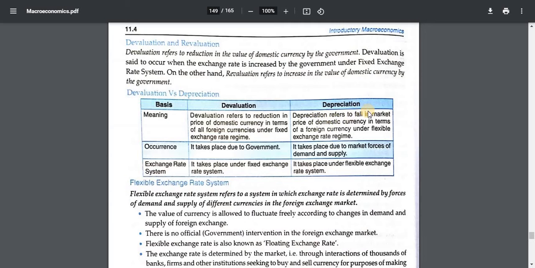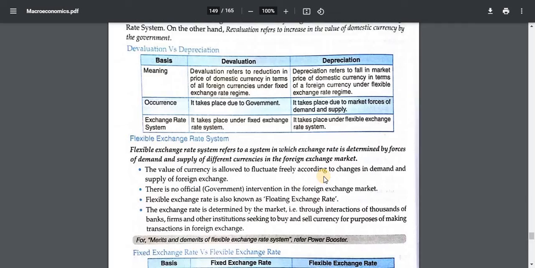Depreciation refers to a fall in the market price of domestic currency in terms of a foreign currency under a flexible exchange rate regime. Occurrence: devaluation takes place due to the government; depreciation takes place due to market forces of demand and supply. Exchange rate system: devaluation takes place under a fixed exchange rate system; depreciation takes place under a flexible exchange rate system.